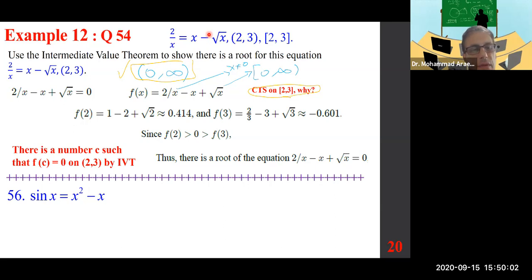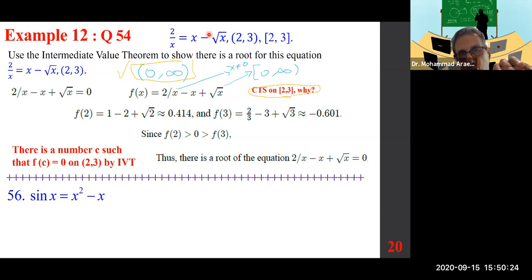All right, the very first thing is to figure out the domain. So we bring everything to one side, and which side it really doesn't matter, okay? So you can say x squared minus x minus sine x, or sine x minus x squared minus x makes no difference, okay?